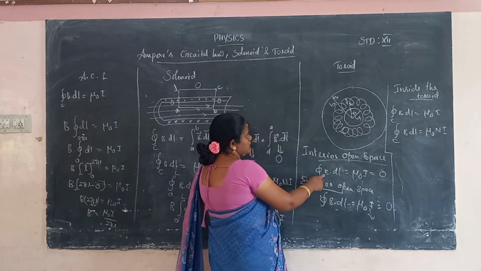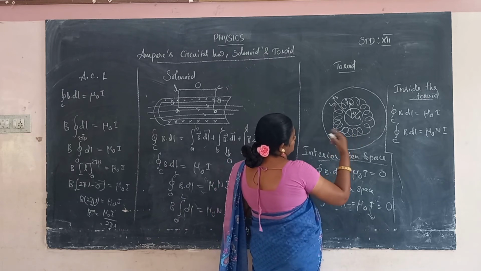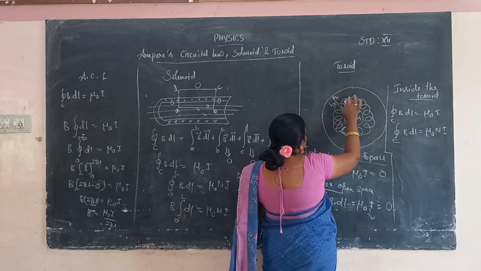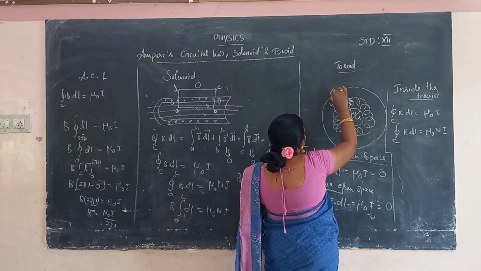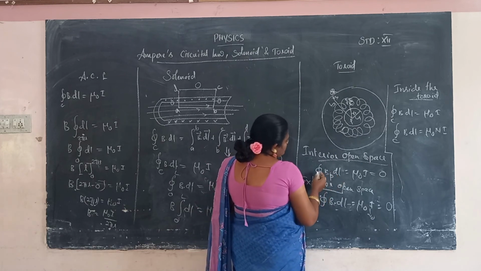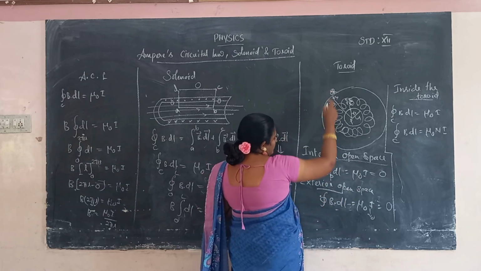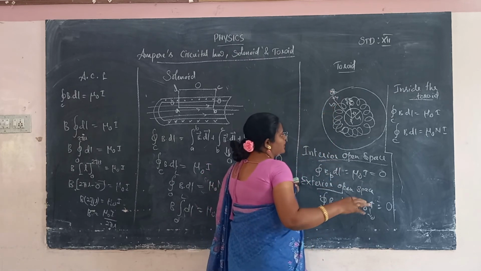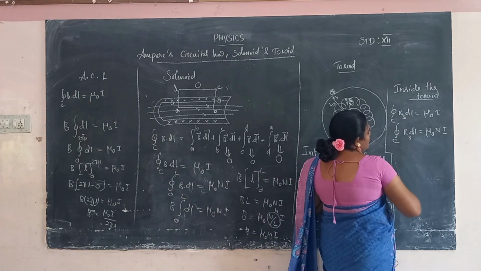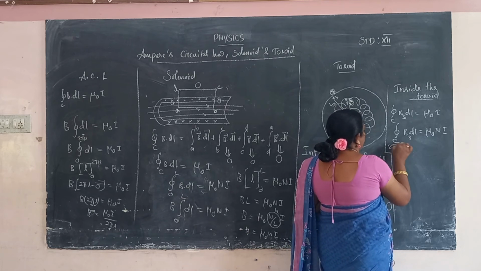We have to consider the 3 points, P, S and Q. So B at Q, the interior, will be 0, and B at P, the exterior, will be 0. Now we consider B inside of the solenoid, that is BS, and dl, but we apply the limit 0 to 2 pi R2.